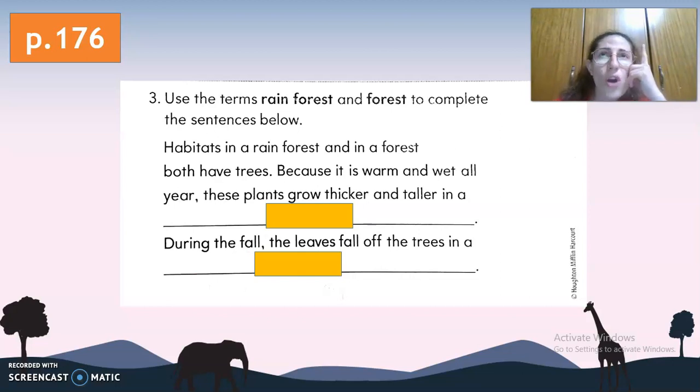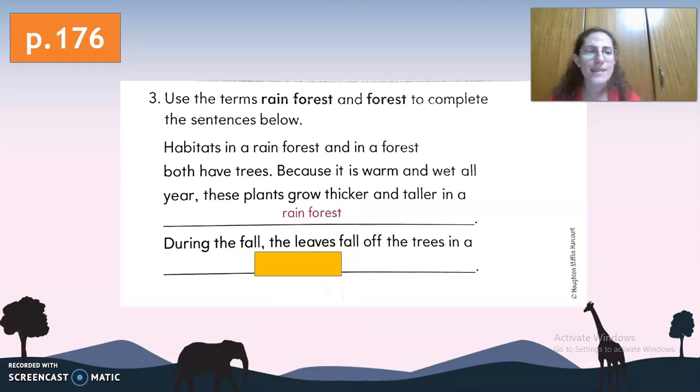So where is it warm and wet all year long? Let's think. In a rainforest. Excellent. Because it is warm and wet all year long in a rainforest, and this is a pattern that we already know, that's why the plants in a rainforest grow thicker and taller.